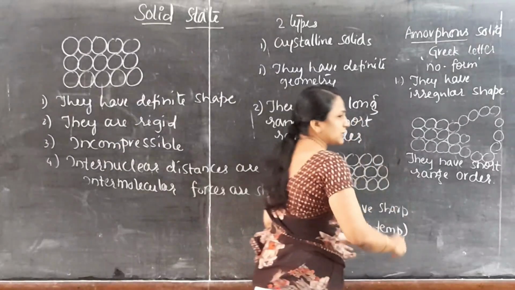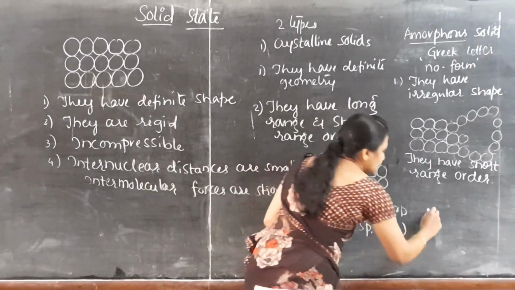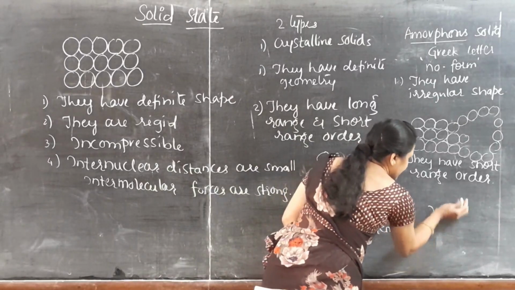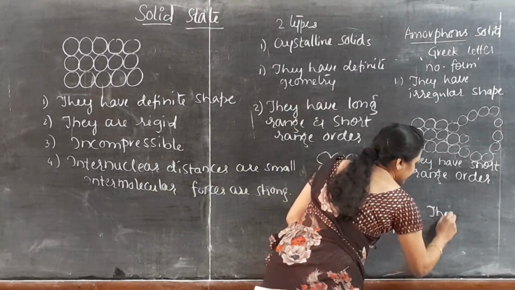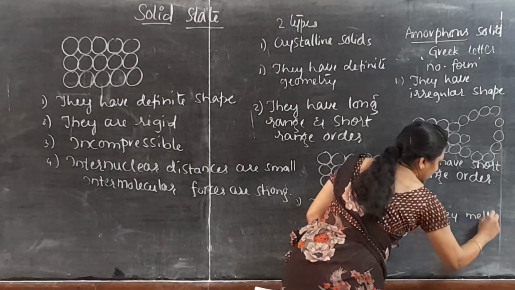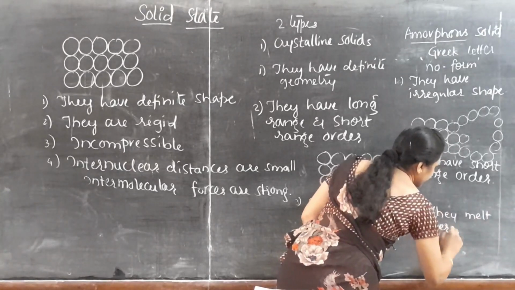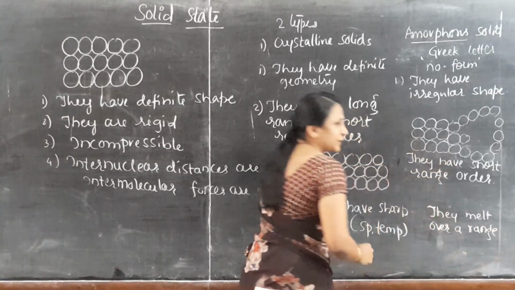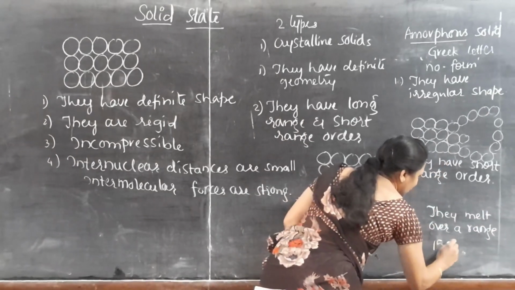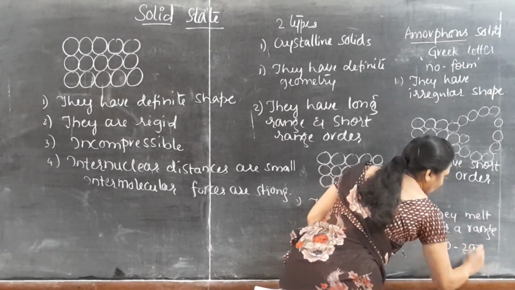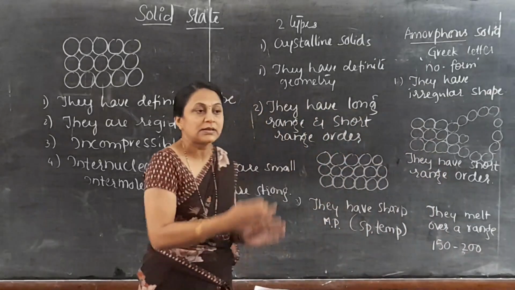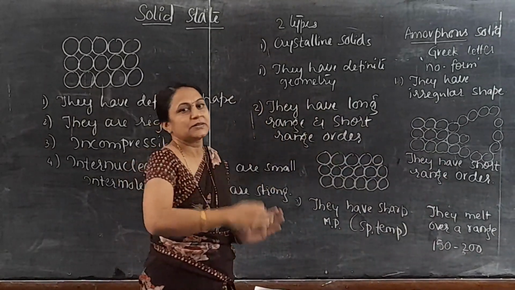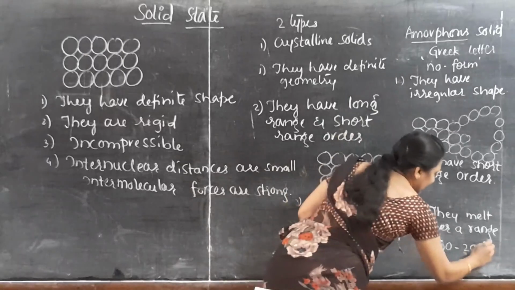But amorphous solids melt over a range, for example 150 to 200 or 150 to 250 degrees Celsius.